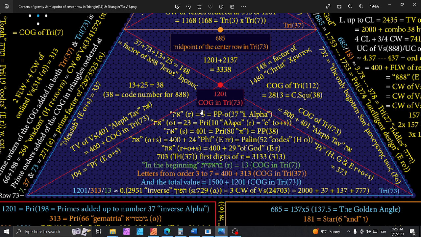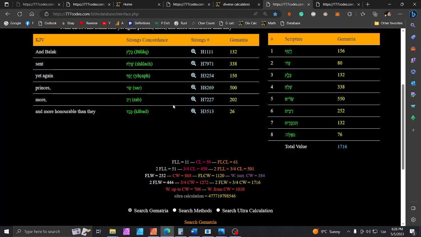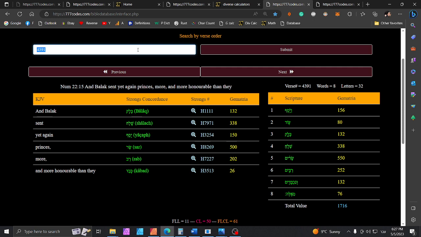And let's start by seeing it. The total value of verse number 401 in the Bible, and 401 is Aleph and Tav, equals 400 plus the center of gravity in triangle number 73. That is 1601, because the center of gravity in triangle number 73 is 1201. Don't believe me? You should really believe me when I'm talking about Bible codes.